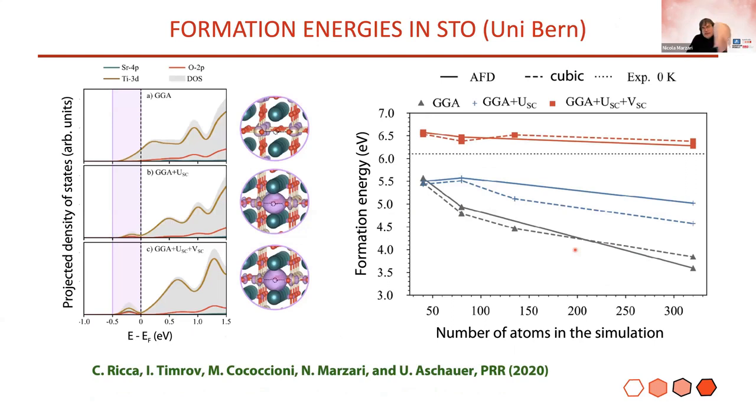And this extends, maybe I should skip this, also to the energetics of vacancies. But in all these systems with localized electrons, I think right now, these DFT plus U plus V approaches are the best functionals for electronic structure simulations.